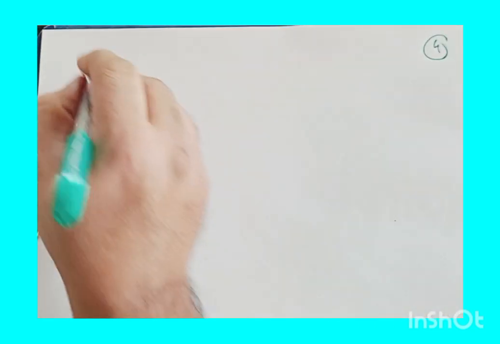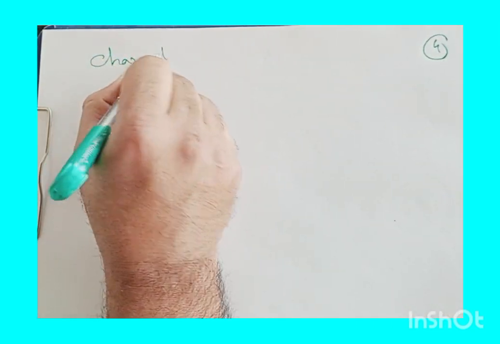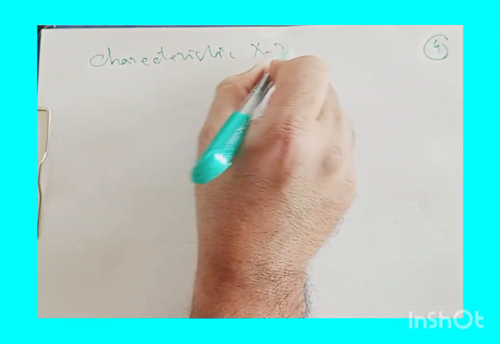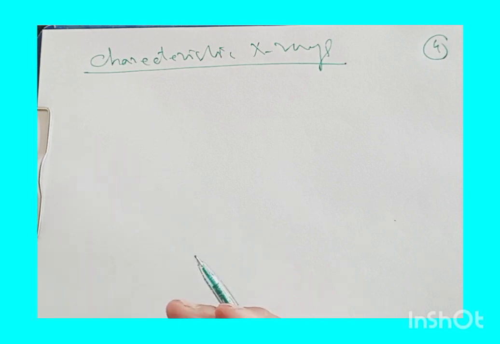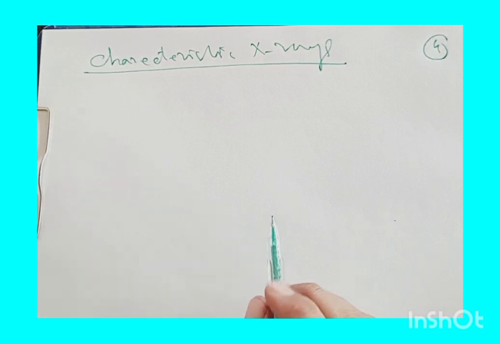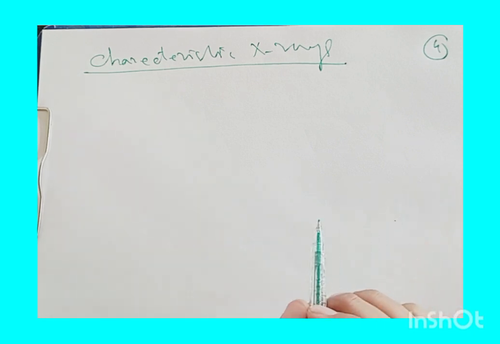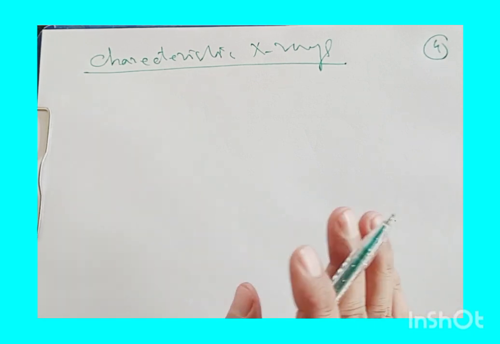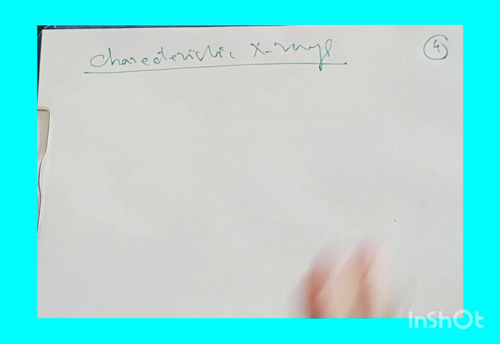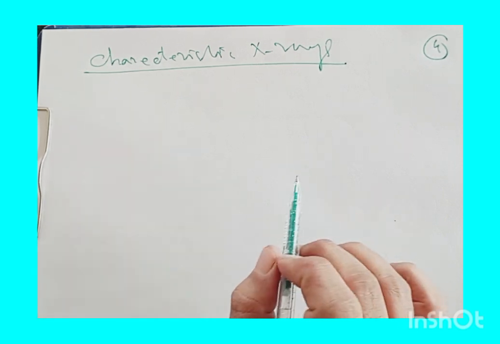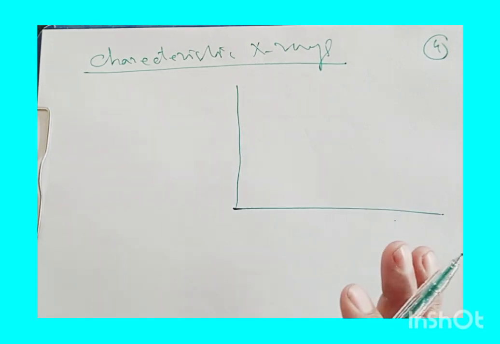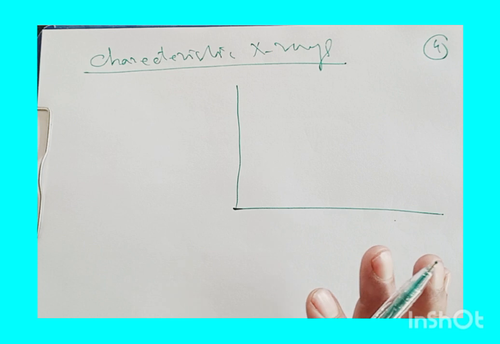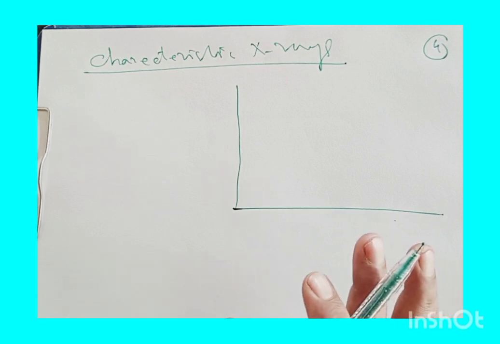Now talking about characteristic X-rays. In addition to the continuous spectrum obtained from the target, we can have some sharp lines that appear at sufficiently high voltages, and these lines seem to be imposed on the continuous spectrum.